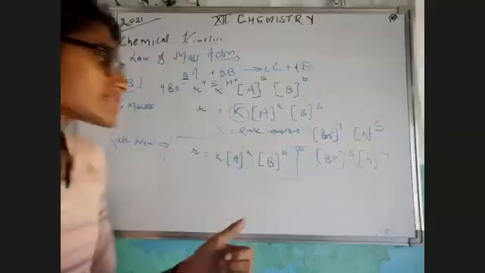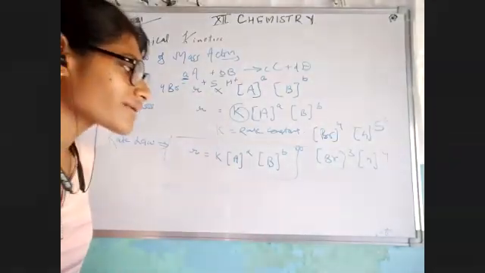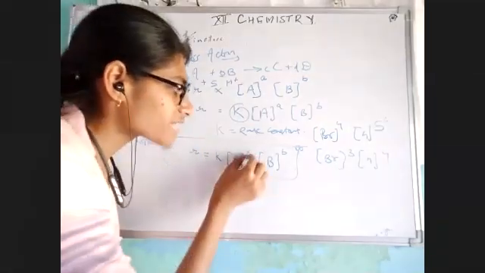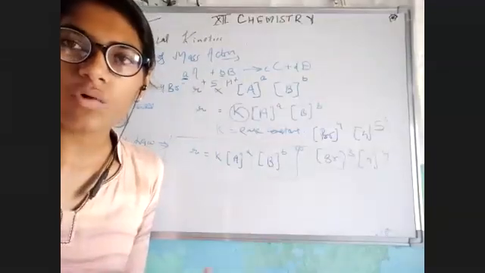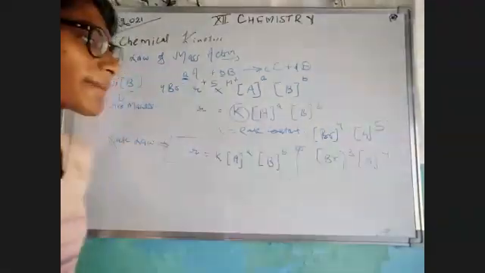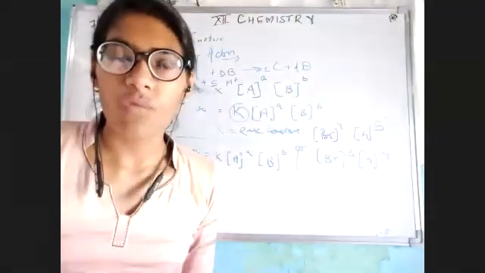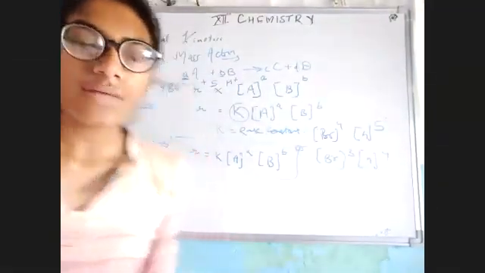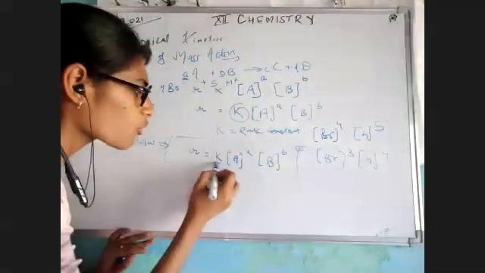Rate law just tells us that the power could be changed or could not be changed. It could be equal to the stoichiometric coefficient or it could not be equal. It depends upon a particular reaction. We will study this in the concept of order and molecularity. So this is my rate law and this K is my rate constant.